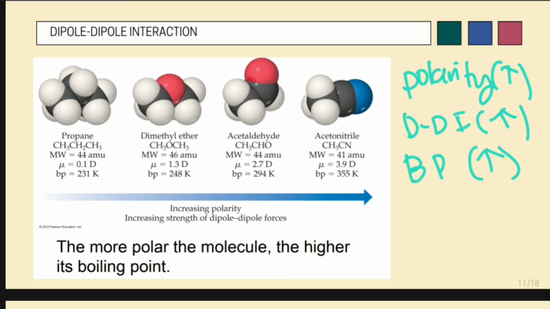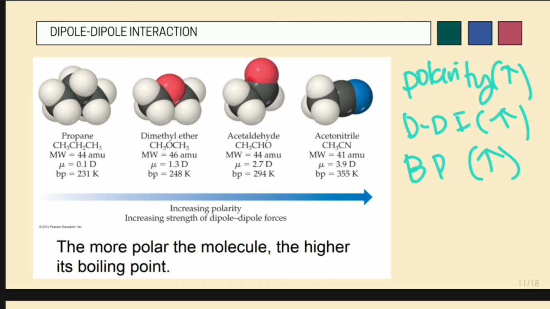So, makikita nyo ulit, directly proportional yung relationship ng polarity ng isang molecule sa dipole-dipole interaction at sa boiling point, which is the property of that molecule.